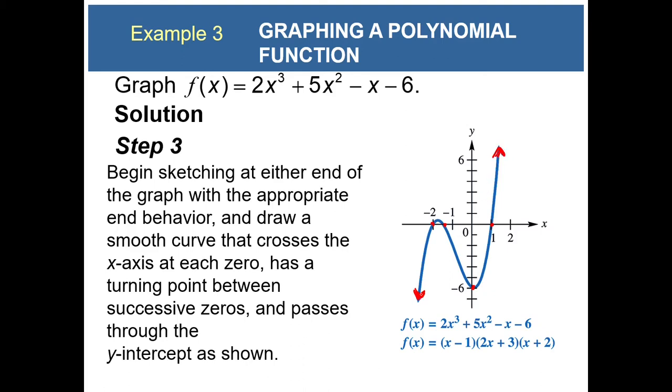So we'll start by traveling from the left side upwards, and we know it has to cross -2 and then come back down at -3/2 because we have a multiplicity of 1 for each of those. We know it must cross 0, -6, and finally it must also shoot through the 1 here. So this is a rough sketch of the graph. And again, if you want to graph these on a computer, go to desmos.com.